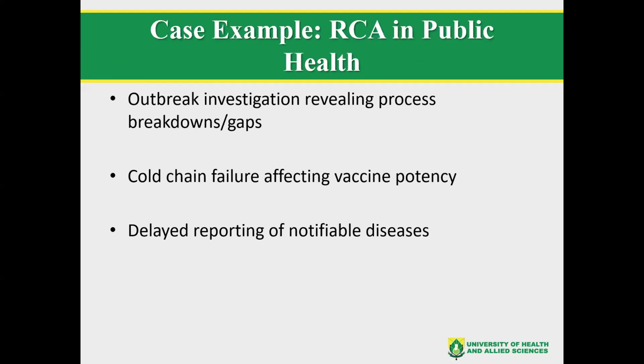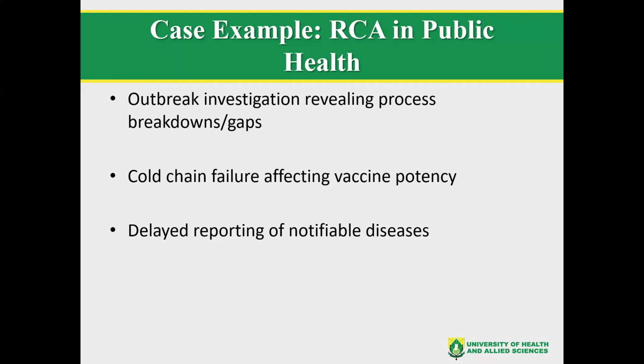I want us to look at an example of root cause analysis in public health. Outbreak investigation, for instance, has helped to reveal breakdowns or gaps in the kind of processes that we are involved in. Cold chain failure affecting vaccine potency: we can use root cause analysis in investigating this.